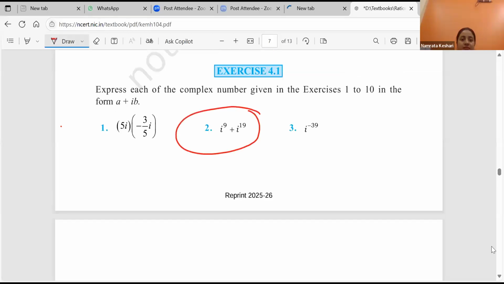Miss, it's loading. Yeah, now I can see.